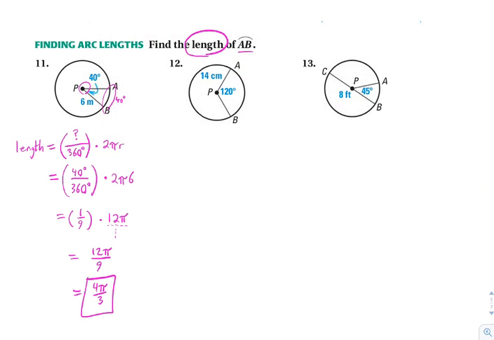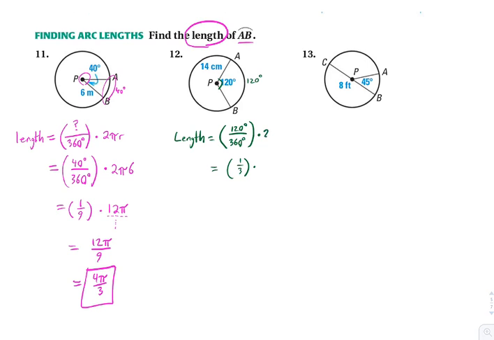Okay, on the next one, again, the length is equal to, and I've got to figure out how many degrees my arc is. Well, I've got the central angle, so that was easy. I know this is a 120 degree arc, so I've got 120 degrees out of a total of 360. That reduces to 1/3 of my circle. So I want to find what 1/3 of the total circumference is.